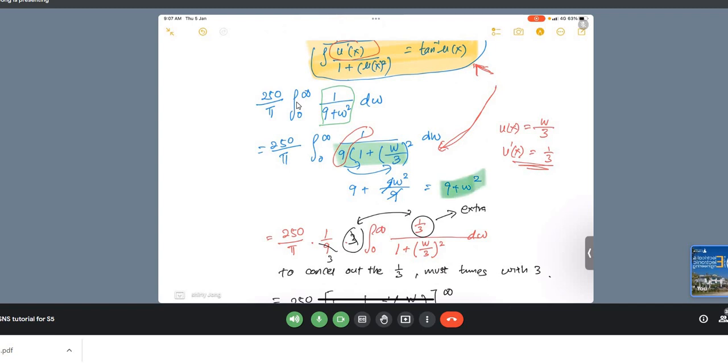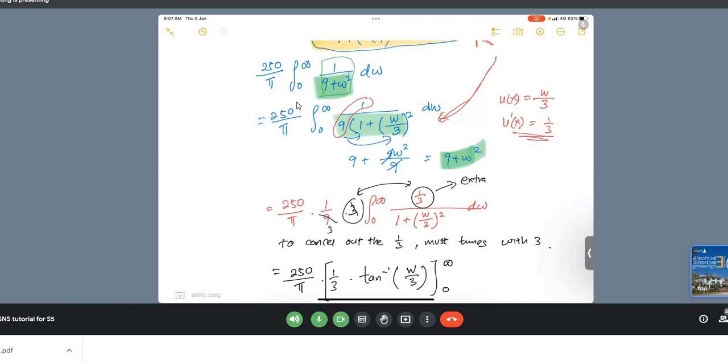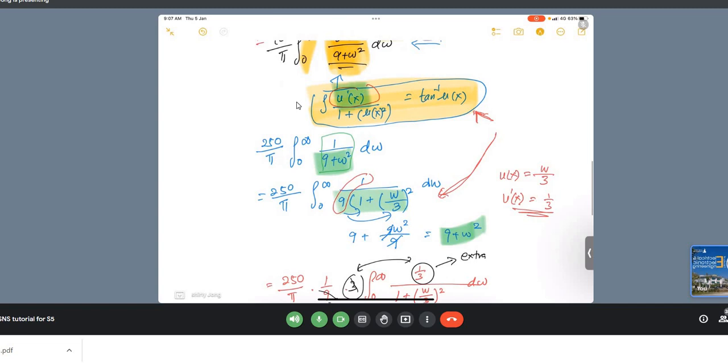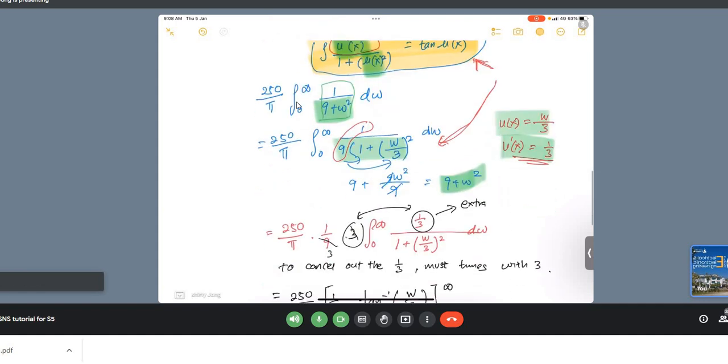If I multiply it out, I still get the same value as this one; I just change the format only. And then in order to use the formula, we also need to find u prime. Based on this u(x), you differentiate, so you get u prime. If u(x) is omega over 3, u prime is 1 over 3. Therefore, I put here 1 over 3.